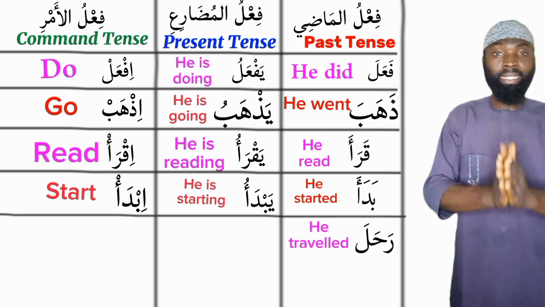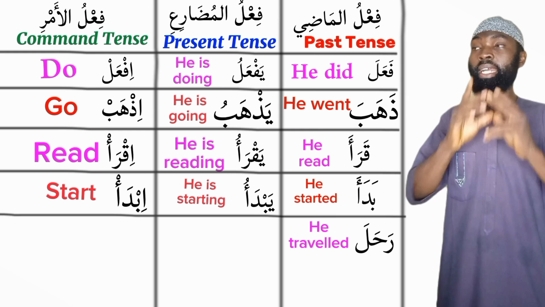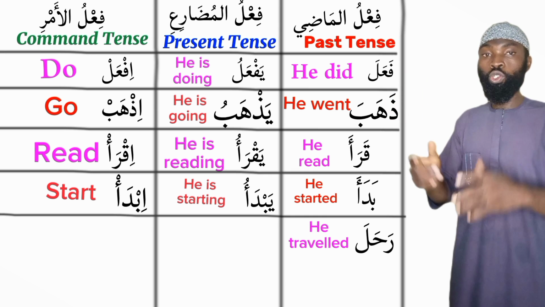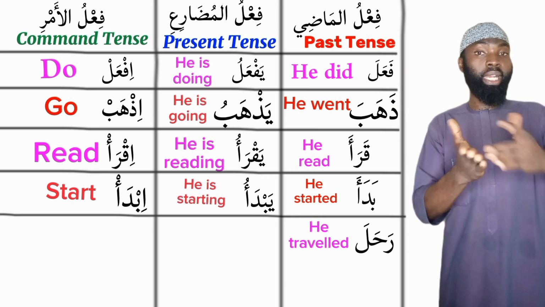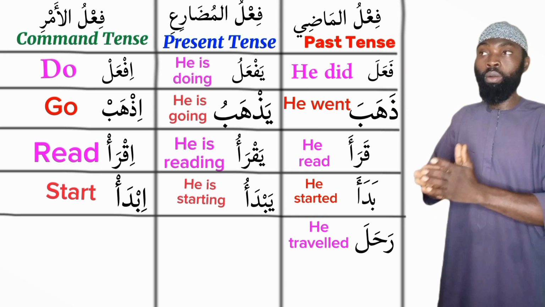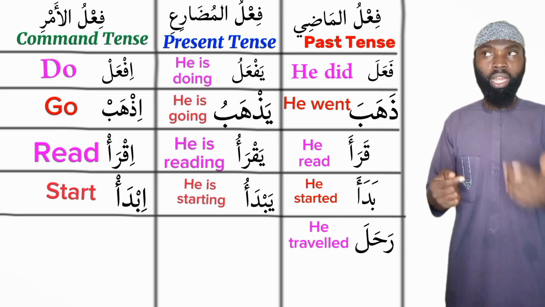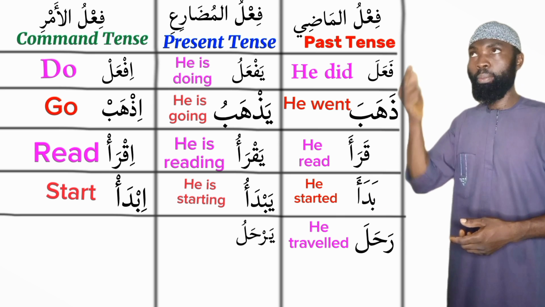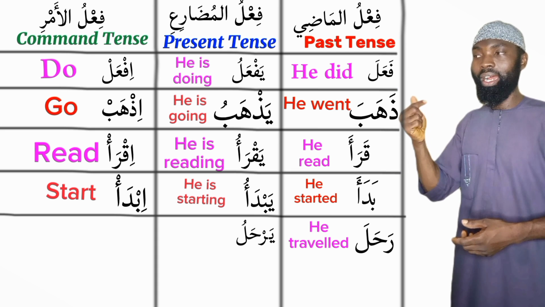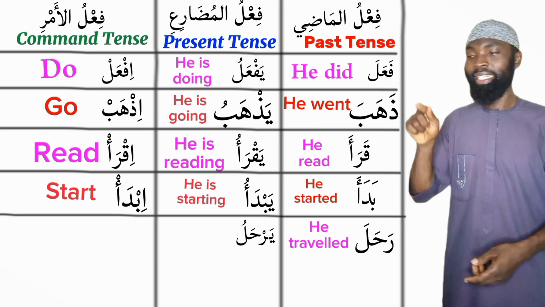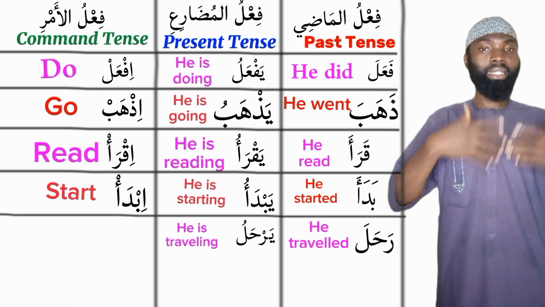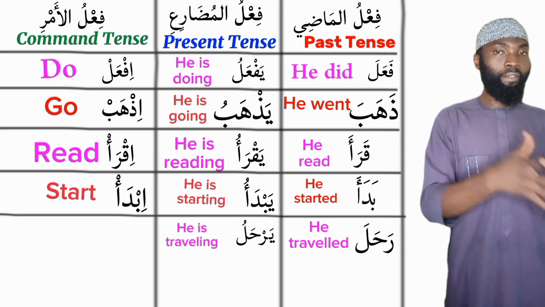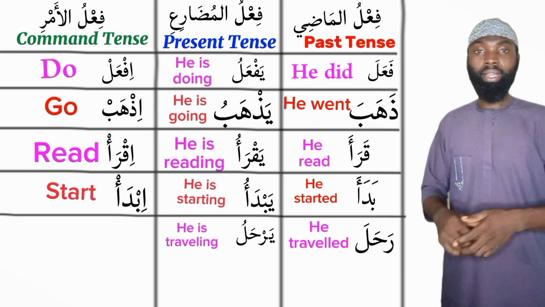Now, the present tense, the fi'l al-mudari', the pattern is yaf'alu. So now we follow this pattern to change the word rahala to sound like yaf'alu. We begin with ya, and you'll have yarhalu, MashaAllah, yarhalu, he is traveling from a place to another.